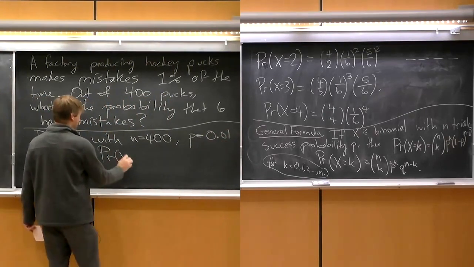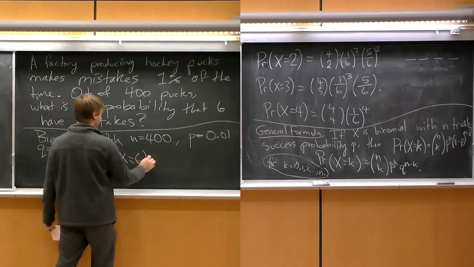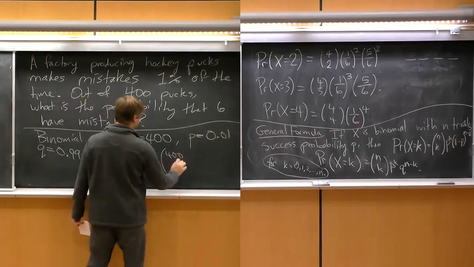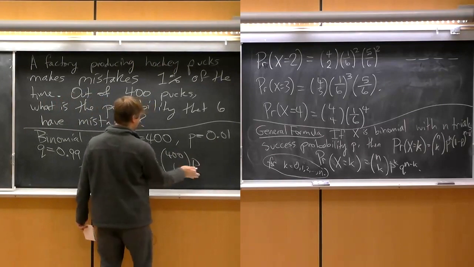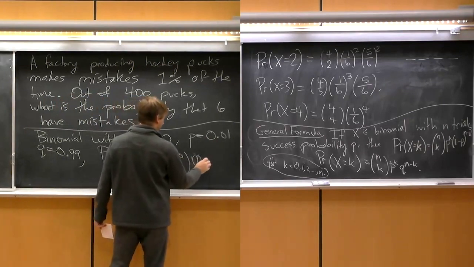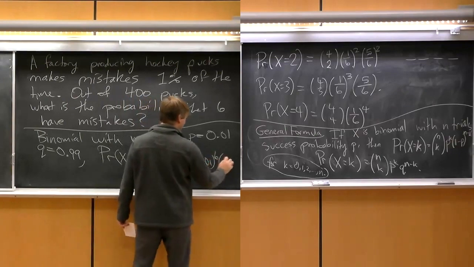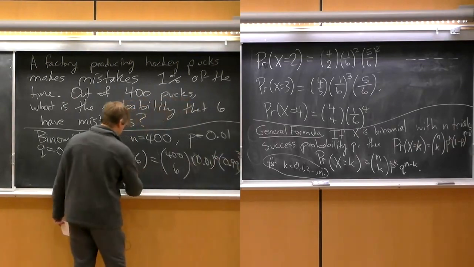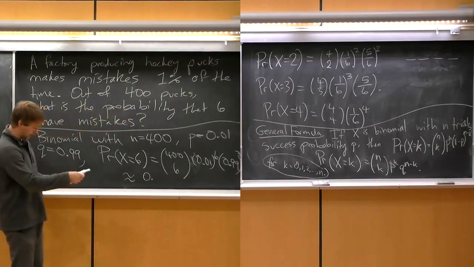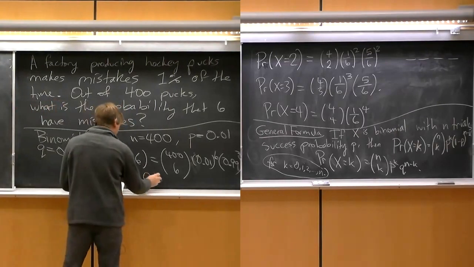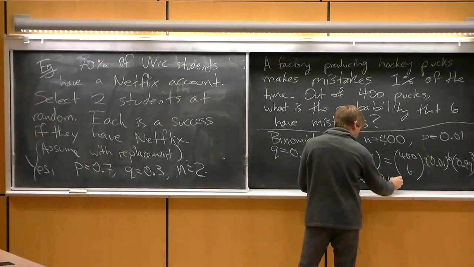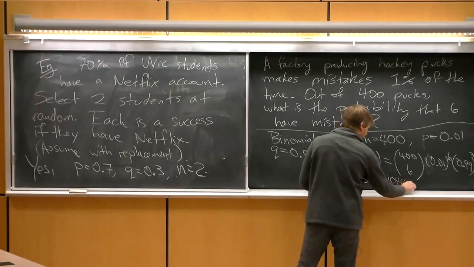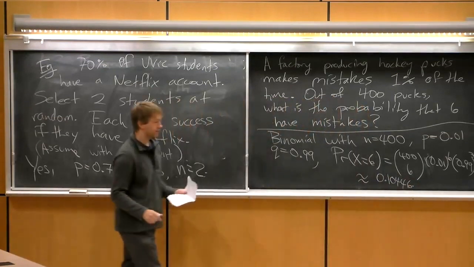And then we just compute the probability that x is equal to 6, which is 400 choose 6, 0.01 to the 6, 0.99 to the 394, which gives you approximately 10%, so 0.10446.